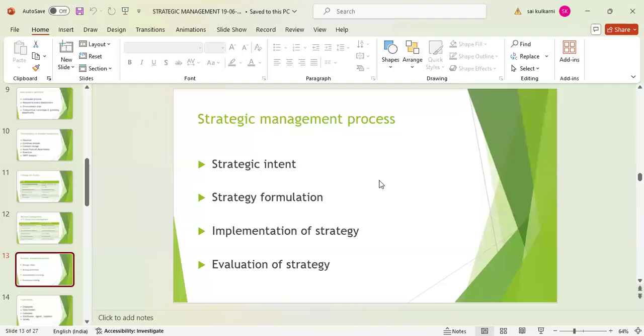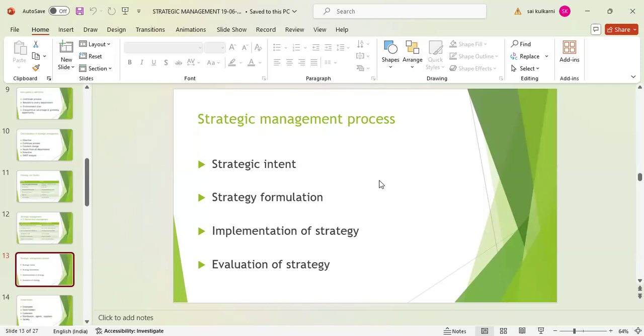So there is slight difference between these concepts, but when you go deep, there is a basic difference and you have to know that difference because some models of strategic management are dependent upon these concepts. These concepts are the base for these models.